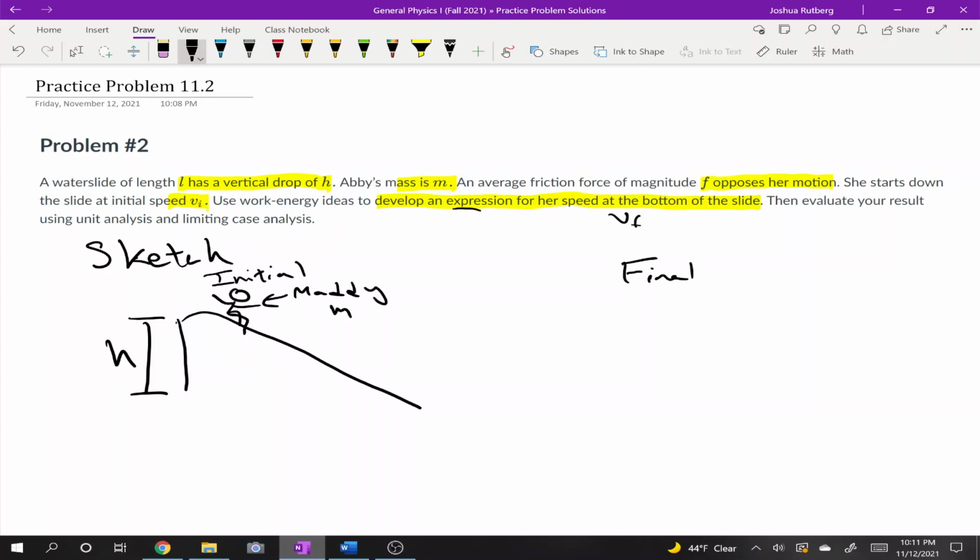Now in the final state, Maddie is down at the bottom.